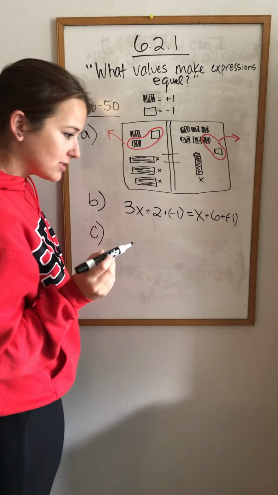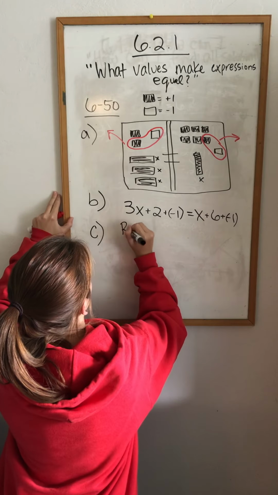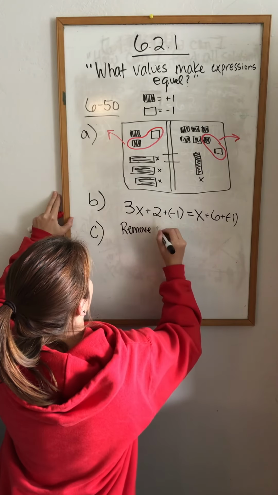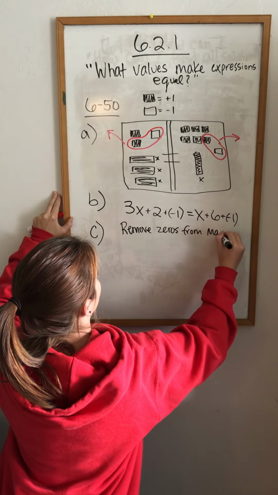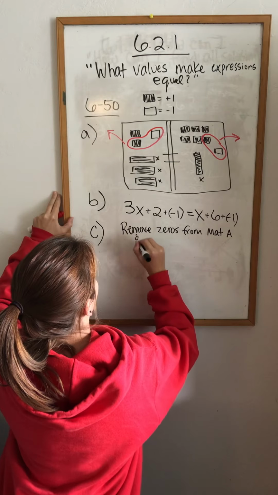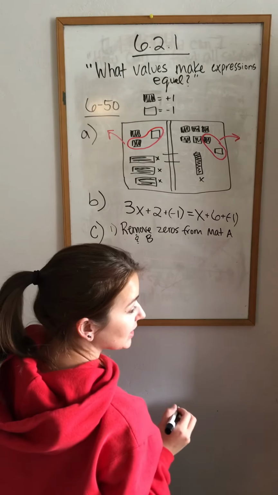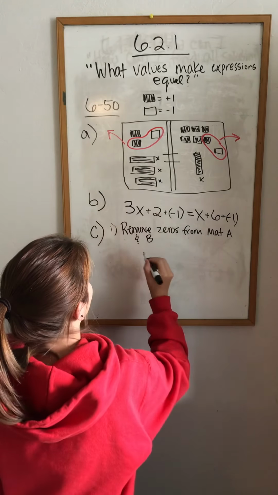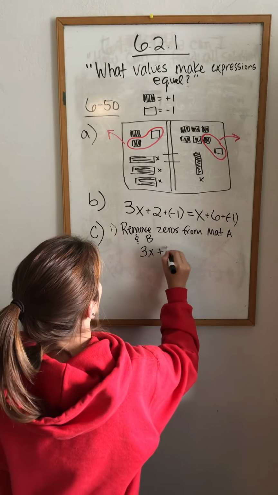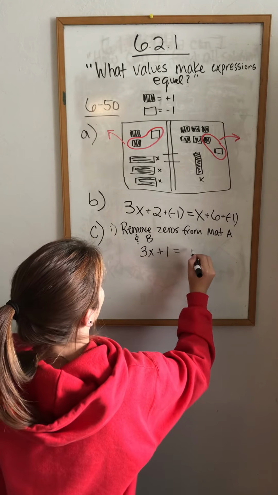I also wrote what I did: remove zeros from mat A and B. That's my step 1. And my new equation after doing that is 3x plus 1 equals x plus 5.